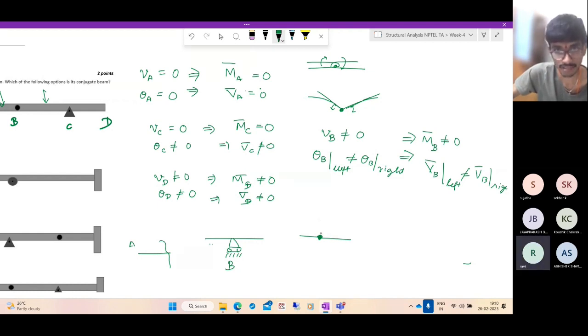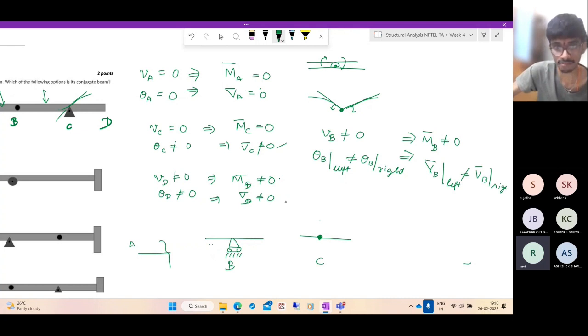If there's a concentrated force, even if it's an internal hinge, it will have a discontinuous shear force. Here the rotations are continuous. In the real beam, it will rotate as a single unit, so right side and left side, the rotations will be the same. Rotations are continuous, which means the shear force is continuous and non-zero. So what gives that? An internal hinge. That is correct. Good. And what do we have at D?